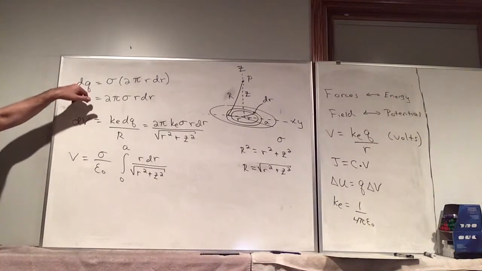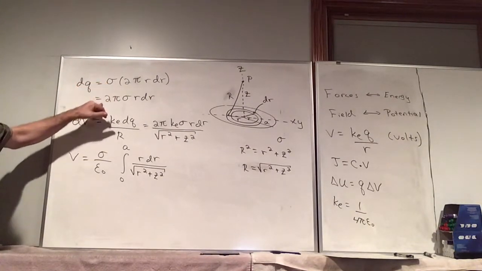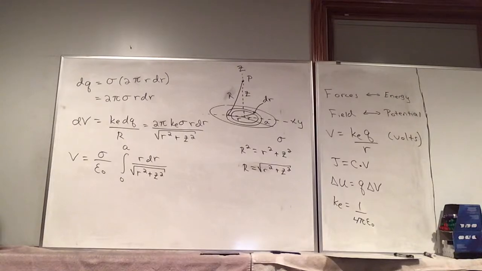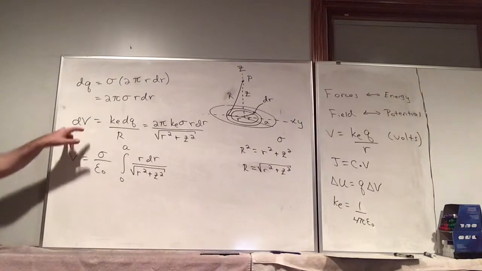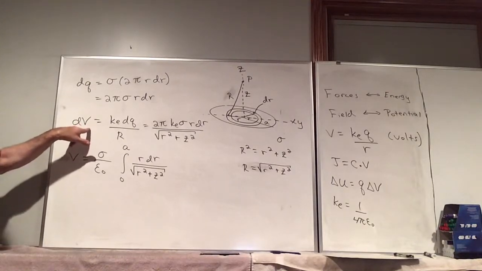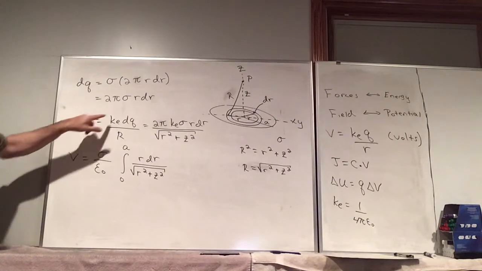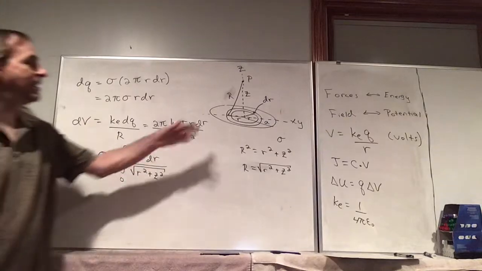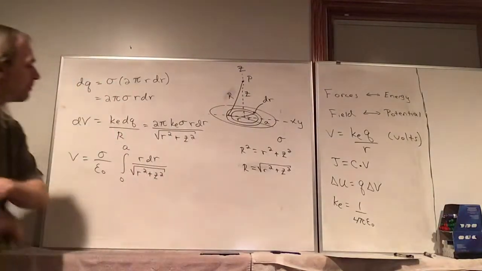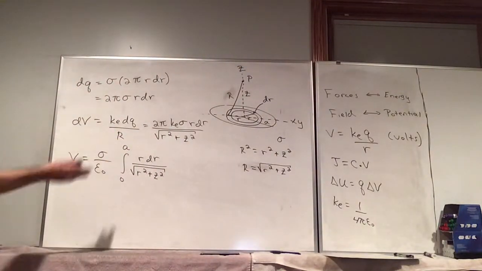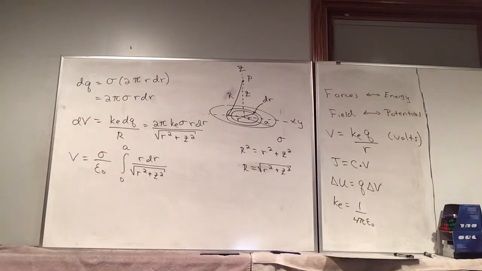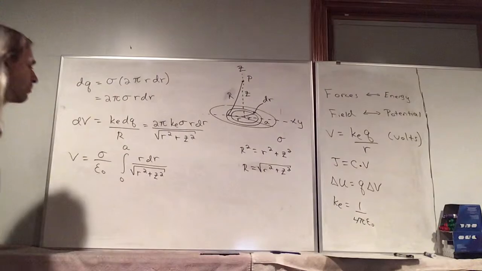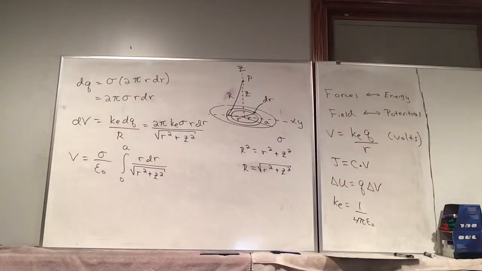So we can take the total amount of charge in that ring and treat that as the potential due to that ring. That's dV, that's Ke dq over r, where r is the distance from the ring to the point. And then we integrate over the radius from 0 to the radius of the disk, which I'm calling a. And so the hard part's done.